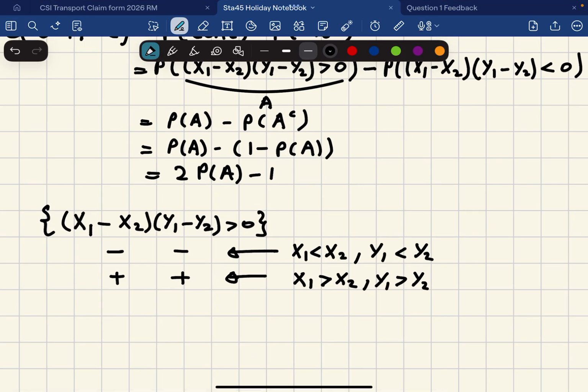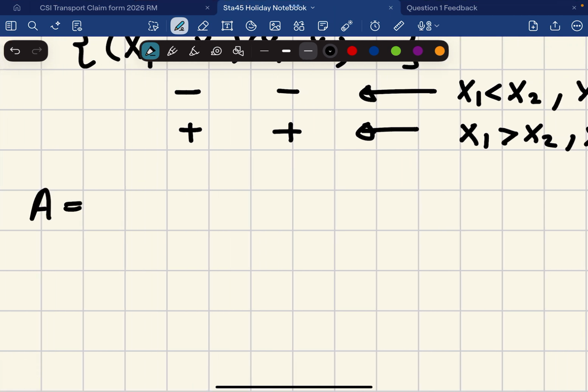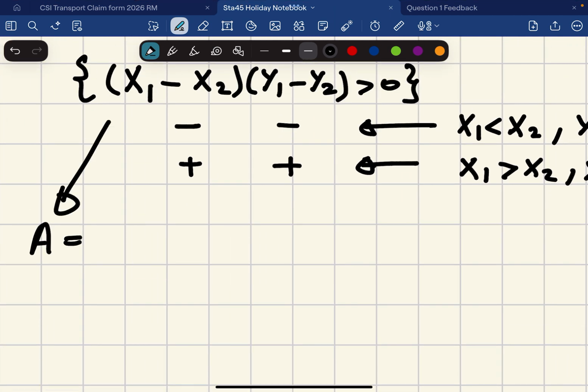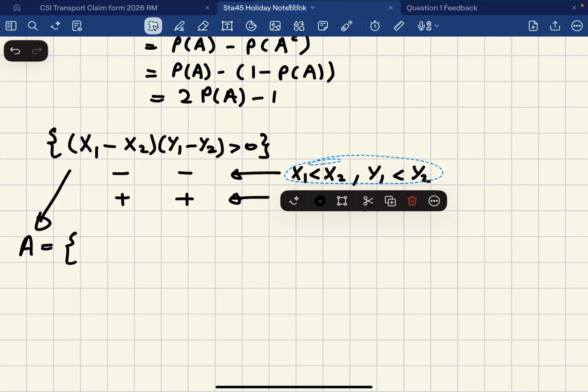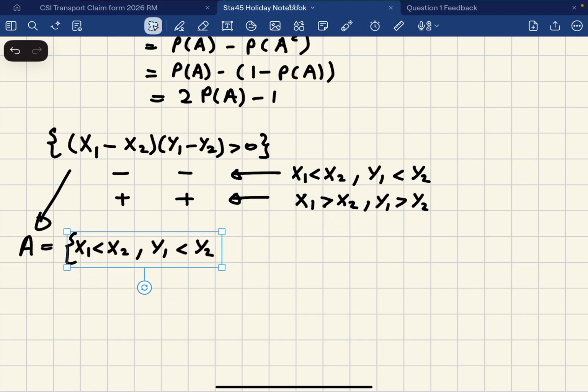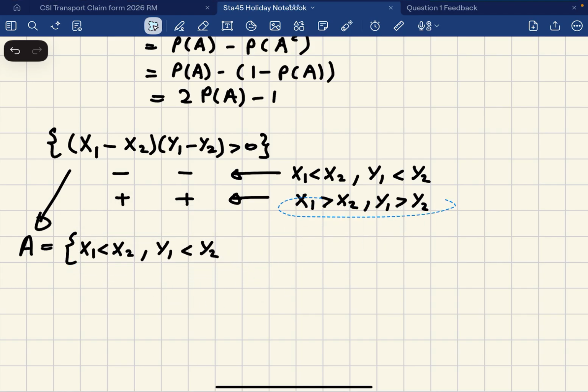So when we talk about the event A, remember A is this guy, we have to split it up into two events, right? The event that both are negative and the event that both are positive.